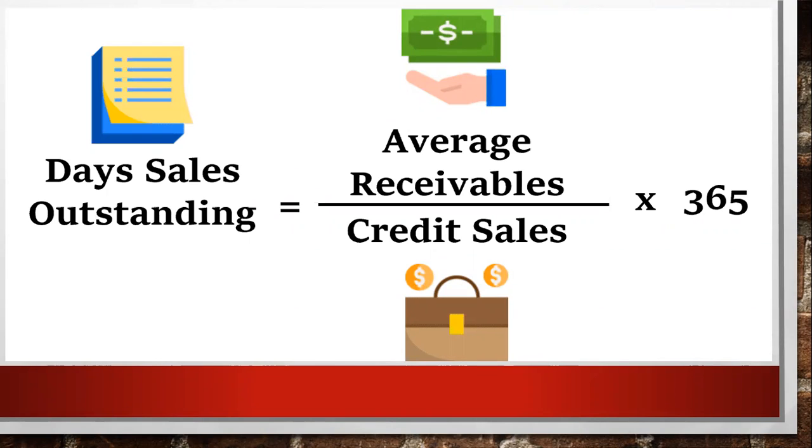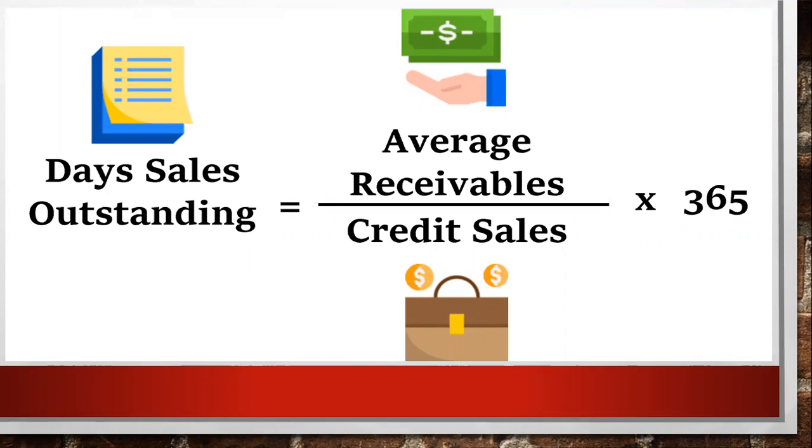You have to reverse it. So there are two formulas for debtors. First is debtor turnover ratio, which is credit sales upon average receivable, and average receivable includes the average of debtor amount and the average of bill receivable amount. Next is debtor collection period, also called days sales outstanding.